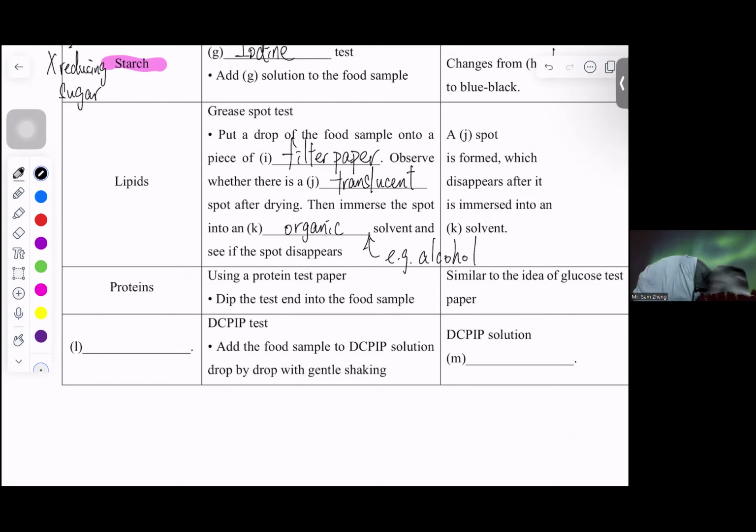Next, the last one that we can test would be vitamin C. Vitamin C is a type of vitamin that is water soluble.